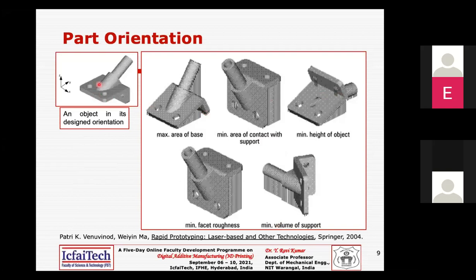If you take a typical design that you have designed in CAD software and this is what you are going to fabricate, then you can fix your orientation as we discussed in the previous criteria: maybe the maximum area of the base, or the minimum area of contact with the support, which relates more to quality aspects, or the minimum height of the object, meaning the minimum Z height criterion, and minimum facet roughness, maybe the surface finish criterion, or even the minimum support volume criterion.